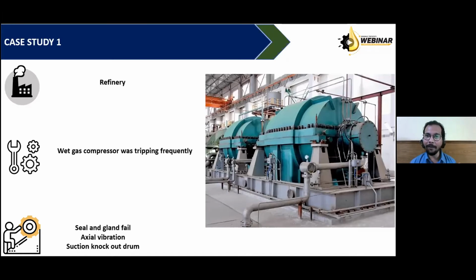And one special type was suction knockout. Suction knockout is a very common case, and those who work with compressors will know it. Sometimes it leads to stalling of the compressor, or back circulation of the working media.